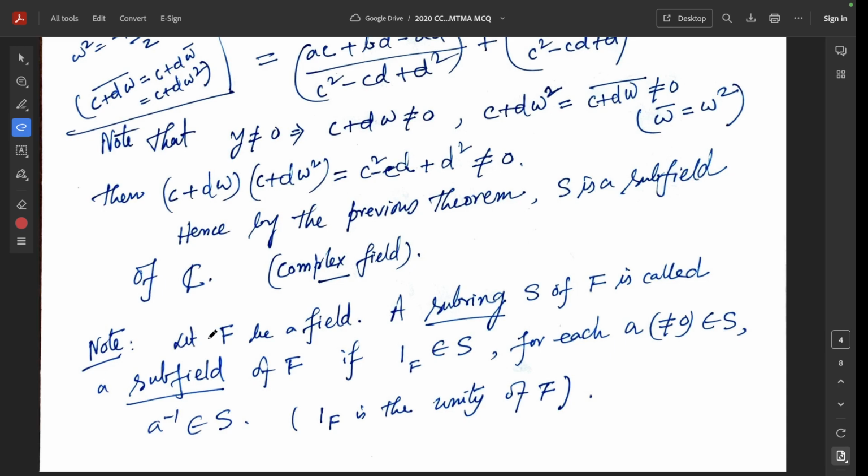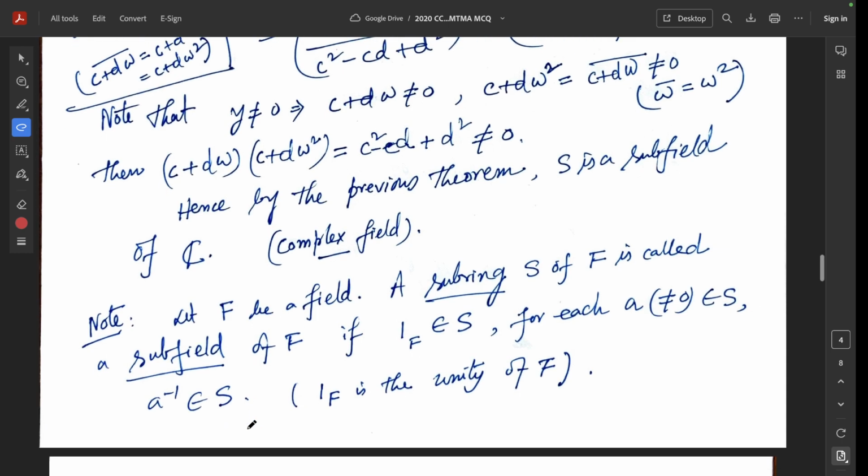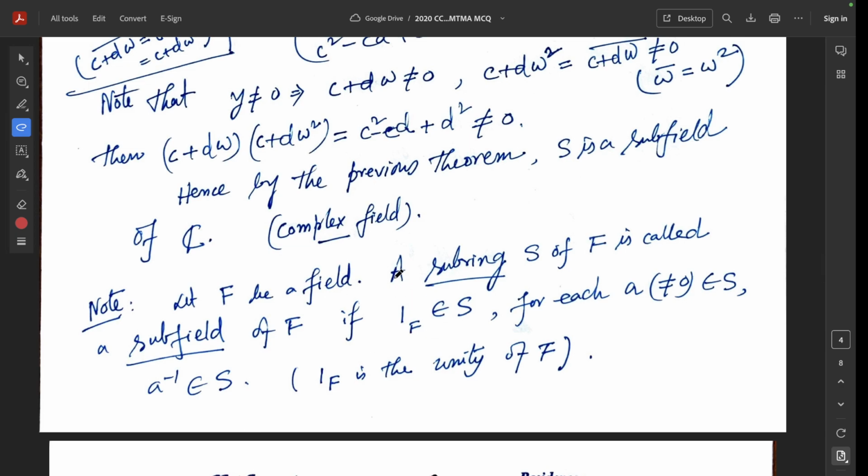Note that, let F be a field, a subring S of F is called a subfield of F if one F belongs to S. One F means the unity of F, the multiplicative identity. For each non-zero A belonging to S, A inverse belongs to S. So, a subring S is called a subfield if one F belongs to S and A inverse belongs to S.